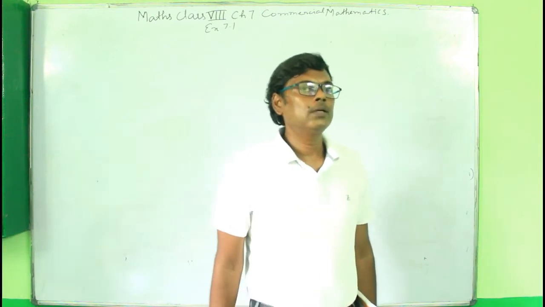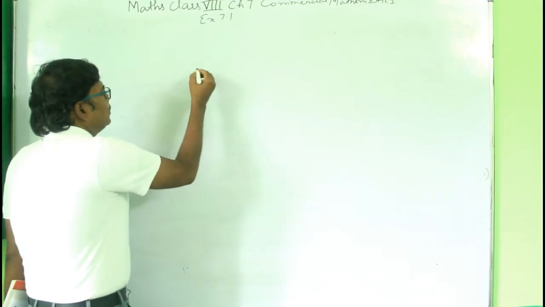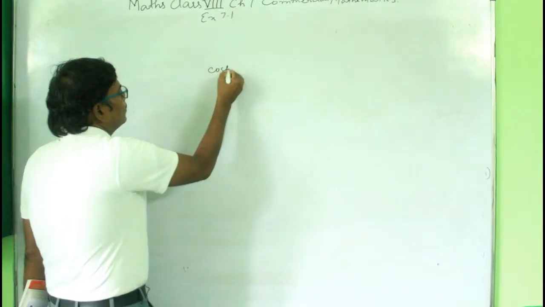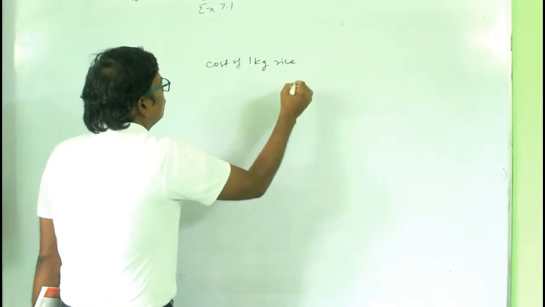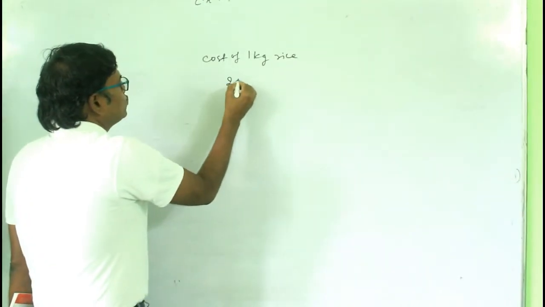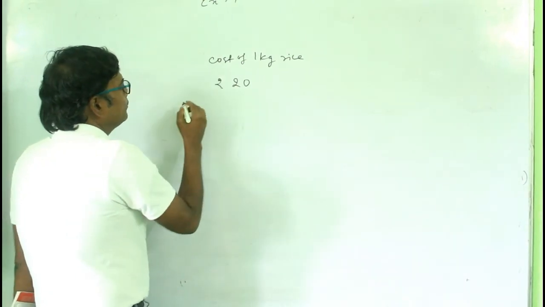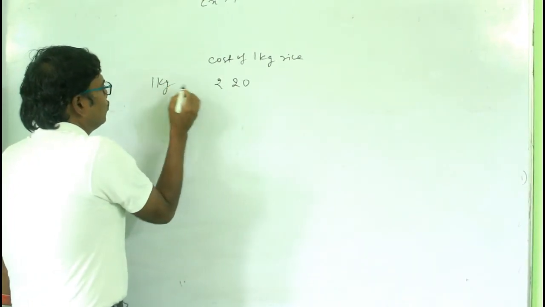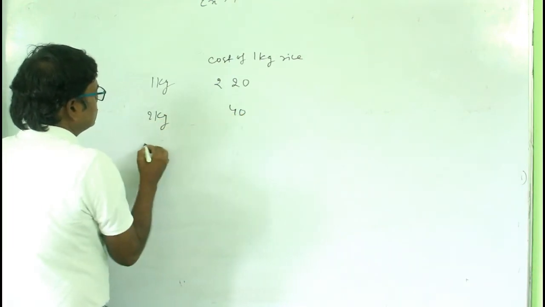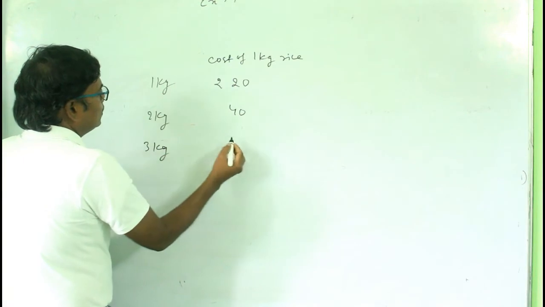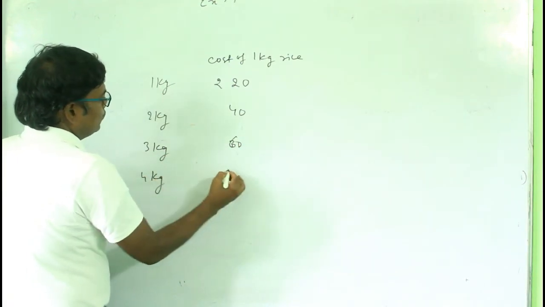A simple example: suppose the cost of 1 kg of rice is rupees 20. So 1 kg is 20 rupees, then 2 kg is 40 rupees, 3 kg is 60 rupees, and 4 kg will be 80 rupees.